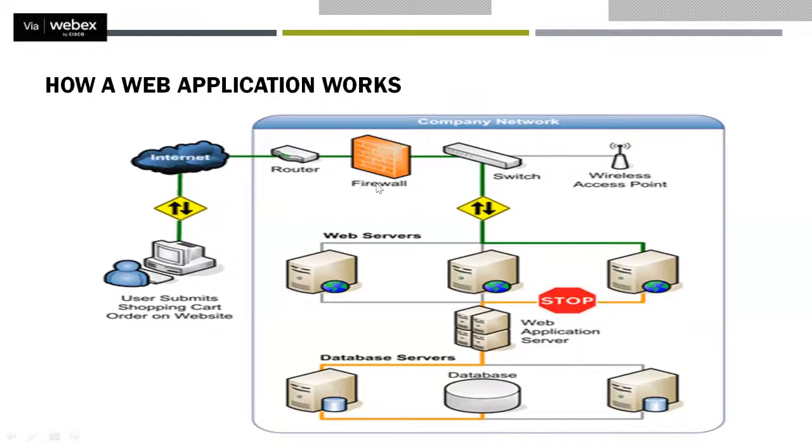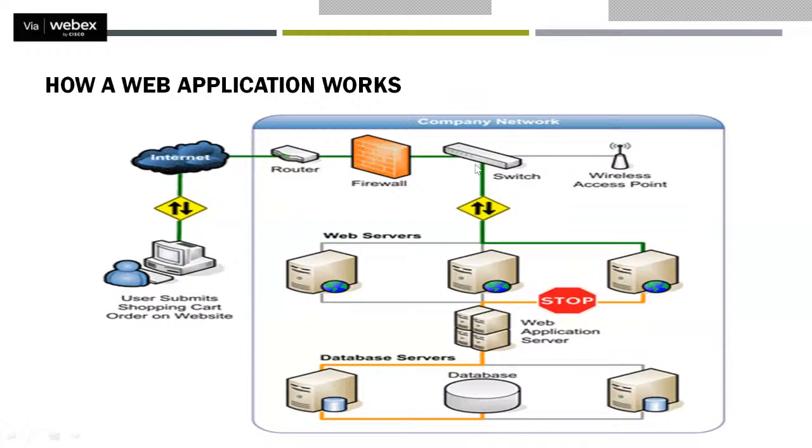The router, firewall, switch, and wireless access points are the networking components of the particular network or communication. This router will be connected to a firewall. The firewall will check the genuineness of this particular user and the card. Then it will be sent to the switch. A switch is basically used for interconnection of different connections.